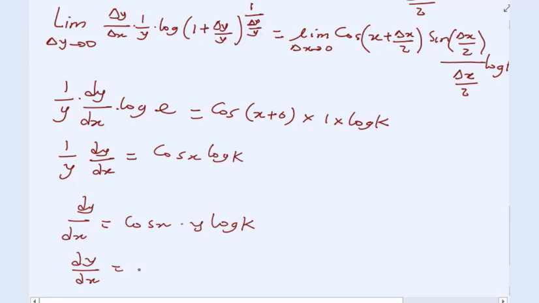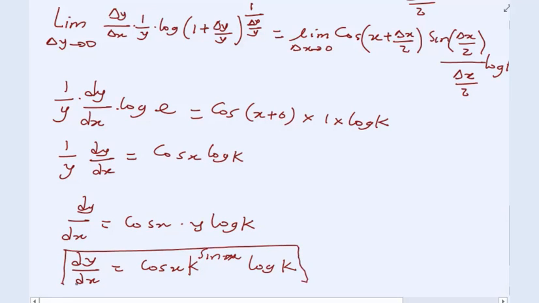This is equal to cos s, then y is k raised to the power of sin s, times log k. So this is our final answer. That is the answer to that question we solved, and this is by first principle.